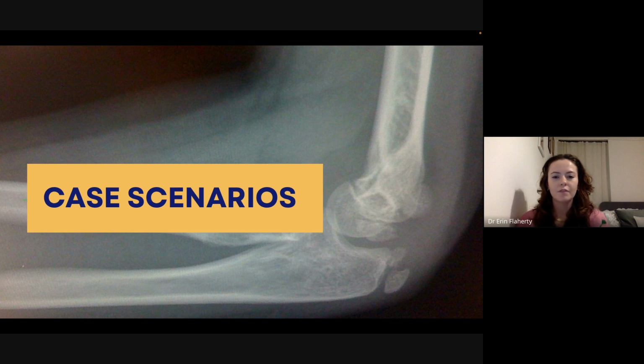So when they first come into hospital, they'll probably have some oral morphine, along with regular paracetamol. You tend to want to avoid NSAIDs, like ibuprofen and naproxen, because some studies suggest they can be bad for bone healing. But in the first instance, oral morphine's really good for patients.